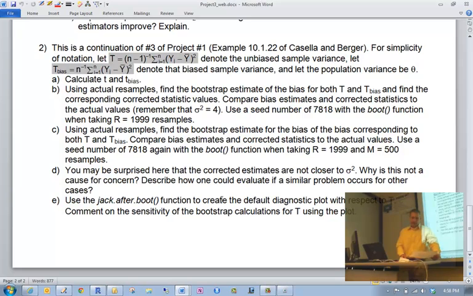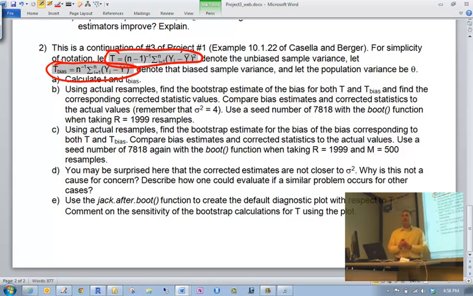I decided just to continue with the same theme that we've had in Project 1 and 2 by looking at some stuff that was originally in Casella and Berger's book. Let T be the normal unbiased estimator for variance, and T bias is going to be the usual bias estimate that we have been working with too.